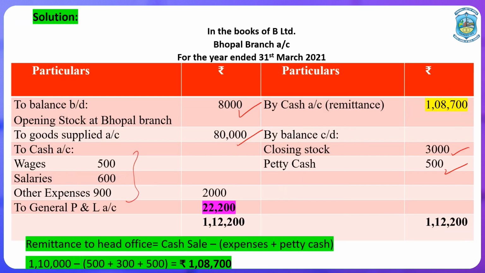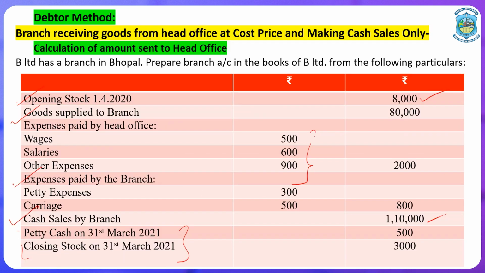So, out of this cash generated, certain expenses are being paid by the branch itself, like petty cash 300 rupees, carriage 500 rupees. So, these expenses are met by the branch itself from the cash that is generated through the cash sale. And even before sending some money to the head office, the branch is keeping some money as petty cash, 500 rupees petty cash with themselves, so that they can meet their further expenses.